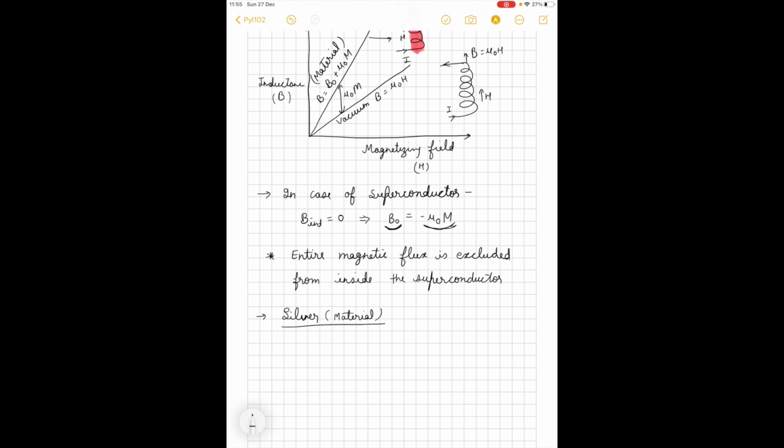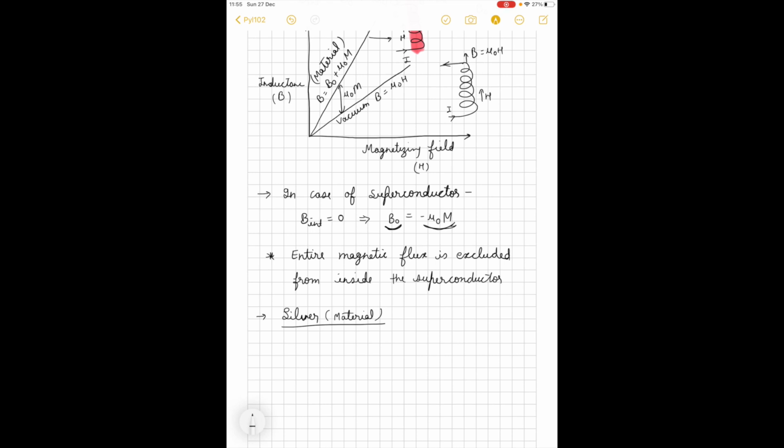So all these things I'm telling, you can think as if you have some supernatural power to see through the material, meaning what the field lines are doing, whether they are getting excluded or concentrated in the material. So it's kind of a thought experiment, but experimentally we have clearly seen all these features.